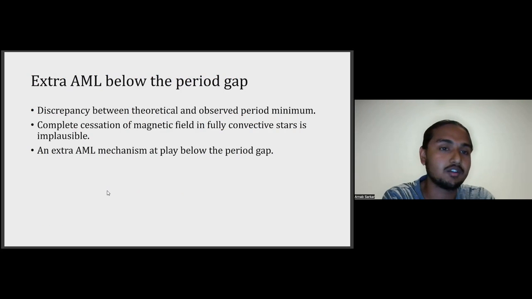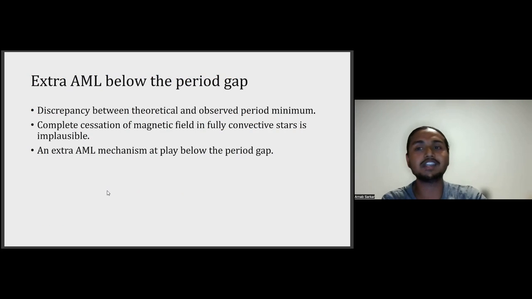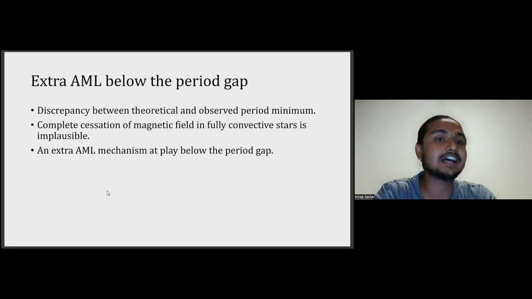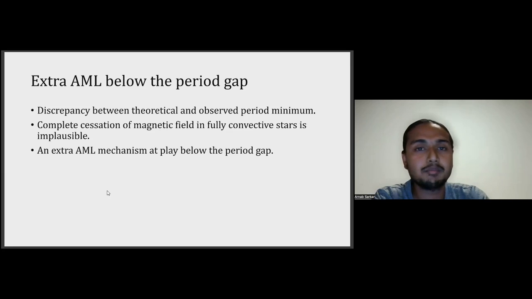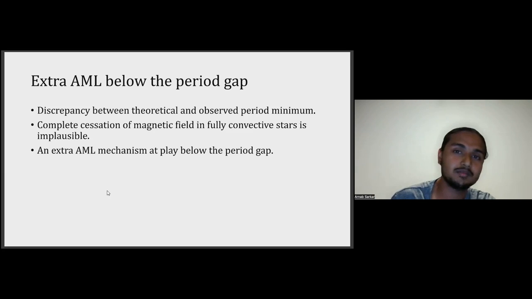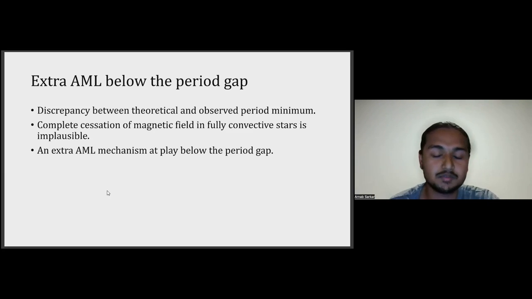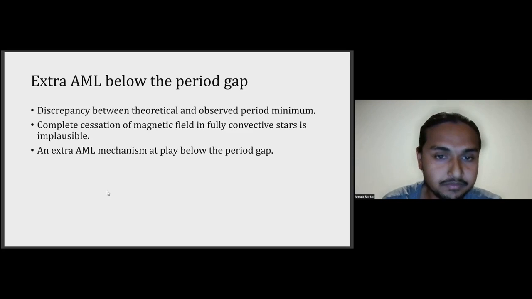The other feature that I talked about was the period minimum spike, and there has been a discrepancy between the theoretical and observed period minimum, wherein theoretical estimates give 65 minutes as the orbital period minimum, whereas observations put it around 80 minutes.